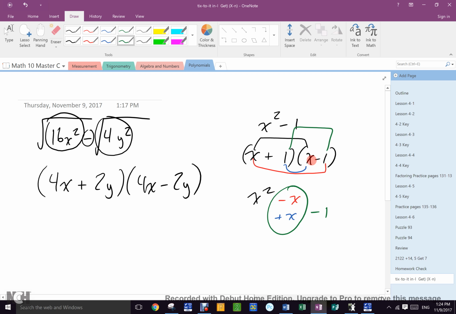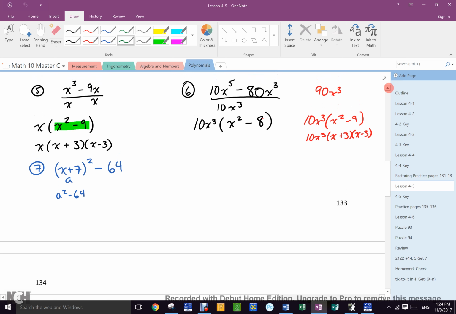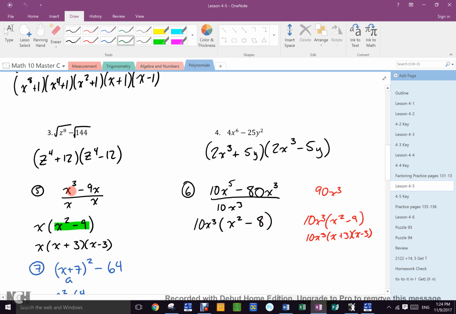Everybody good? Okay. Now go back to 133, which is where we were, and we did these weirdo ones. We started with this guy, which wasn't a perfect square, was it? So we factored out an x, and then we got a perfect square, so we did it. Everyone's cool? Then we went to this one, which looked like it might be a perfect square, because we saw x's with a bunch of numbers, x's with a bunch of numbers, and a minus.